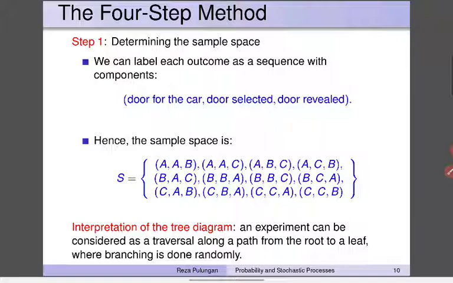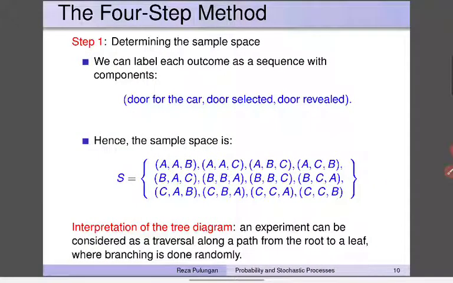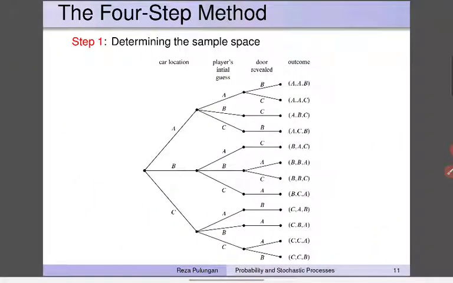The interpretation of the tree diagram is basically an experiment. An experiment can be considered as a traversal along a path from the root to the leaf where branching is done randomly. Now we are complete. We have labeled all of the leaves with the outcomes.